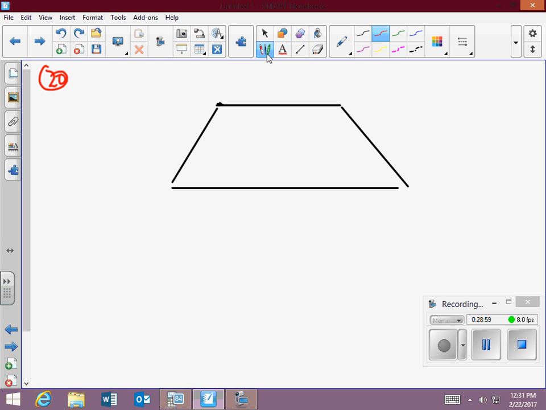It says what we got is P, Q, R, S, and this is supposed to be 90. They say angle P is 60, so this angle right here is 60 degrees.